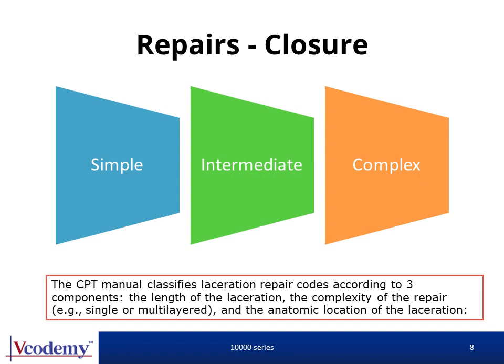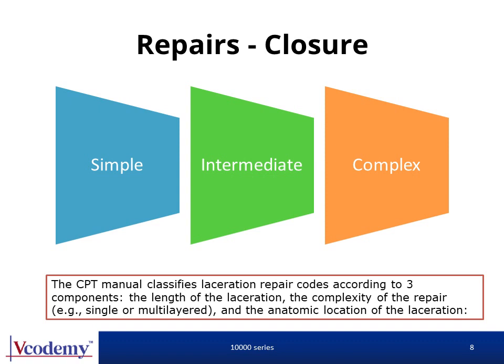Coming to intermediate closure, the code range is 12031 to 12057. An intermediate wound repair code would be used for wounds that require layered closure of one or more of the deeper layers of the subcutaneous tissue and superficial non-muscle fascia in addition to the skin. Skin is epidermal and dermal closure. So it includes limited undermining, defined as a distance less than the maximum width of the defect measured perpendicular to the closure line along at least one entire edge of the defect.